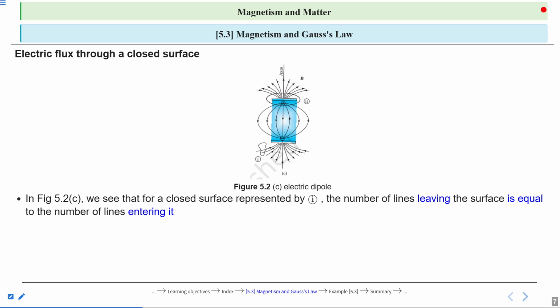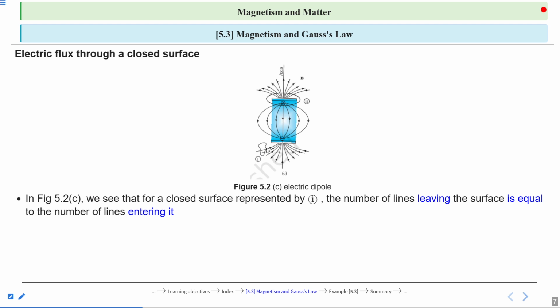Now in figure 5.2c, we can see a closed surface represented by 1. So what is this one? This surface 1. The number of lines leaving the surface is equal to the number of lines entering it. If this is a closed surface, in 2D it is represented by this loop. But actually it is not a loop, it is a closed surface.